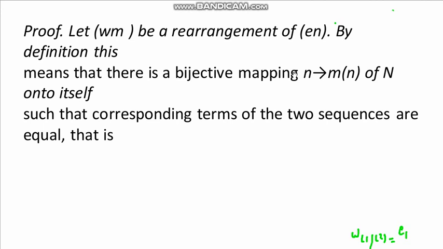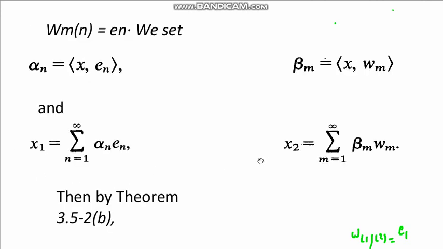So we have to prove that their corresponding terms are equal. It will be enough for us to prove that these two terms x1 and x2 are equal. If we prove that x1 and x2 are equal, then this lemma is proved.